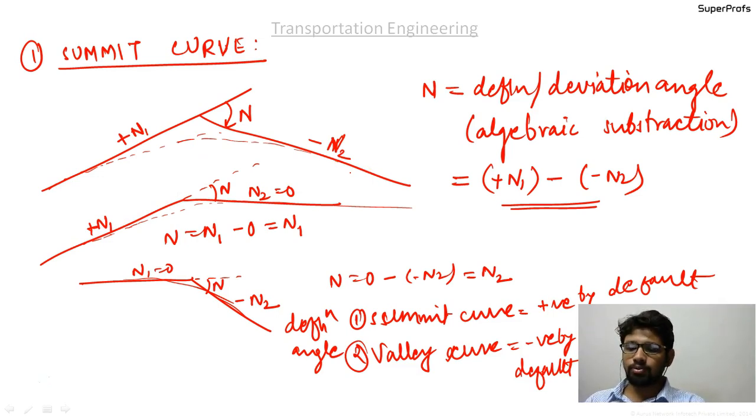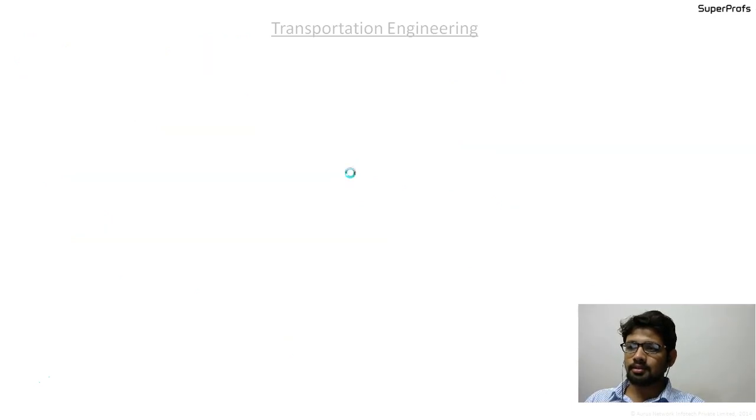So the ideal form of summit curve is second degree parabola.